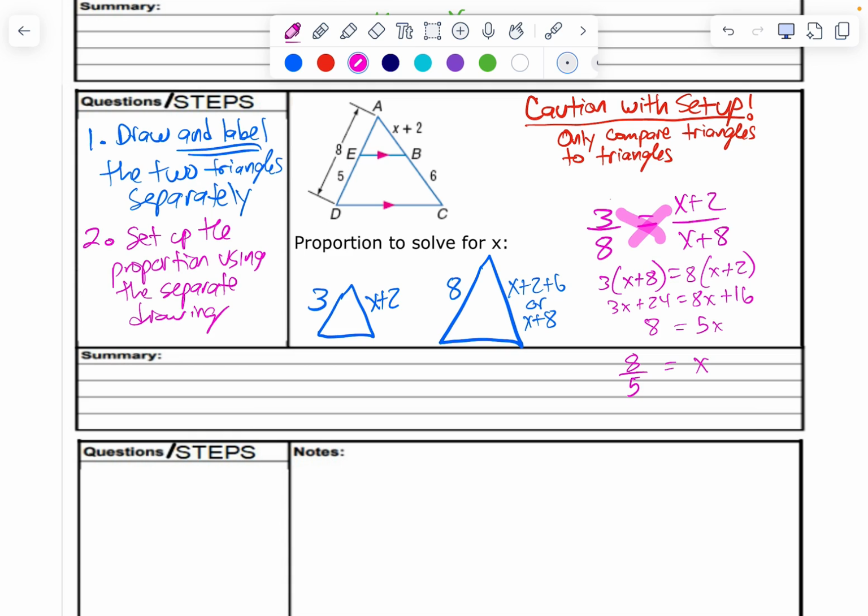Okay, so again, the big idea of writing that note was this caution up here. Separate your triangles so that you're not mismatching parts. Students mess this up a lot, just so you know. I don't know if they're doing it hastily or just don't pay attention, but it's not that hard to separate your triangles and write the correct proportion.